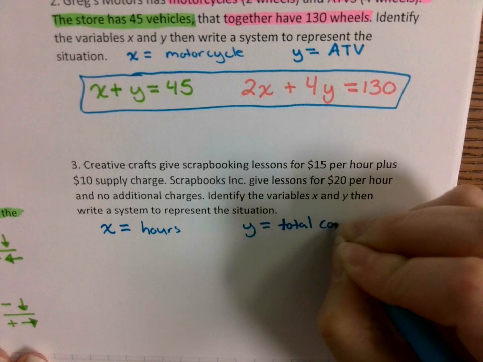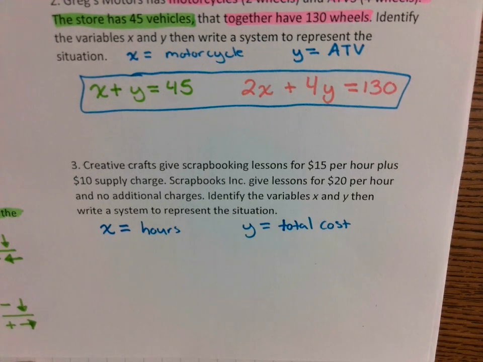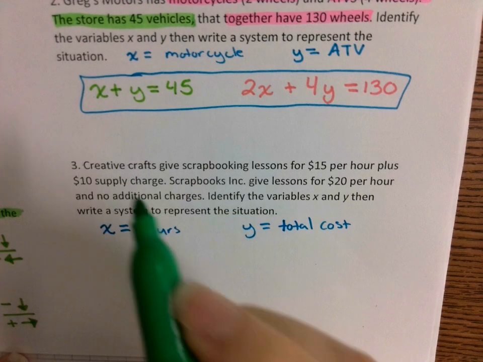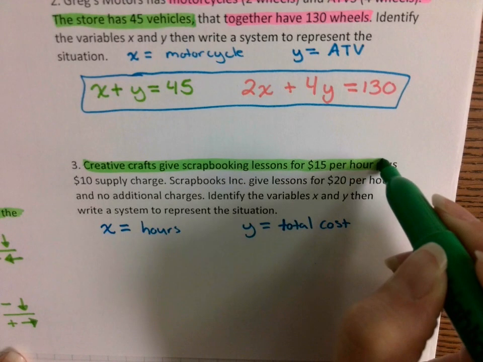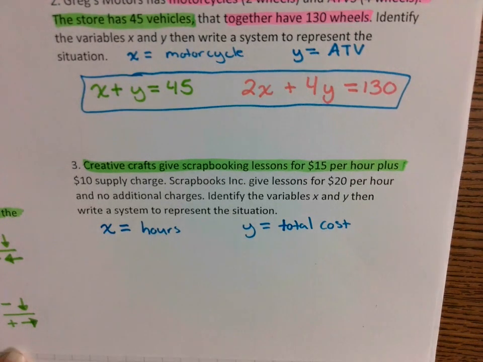Now, my first equation is going to be for Creative Crafts. Creative Crafts gives lessons for $15 an hour plus $10 for a supply charge. So it doesn't matter how many hours you are at their scrapbooking lessons, you only pay the $10 one time.